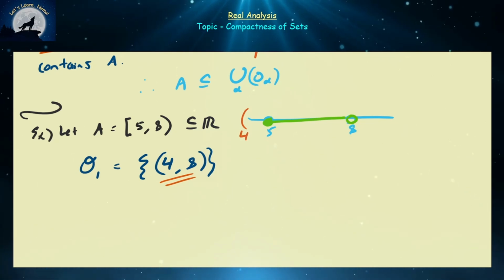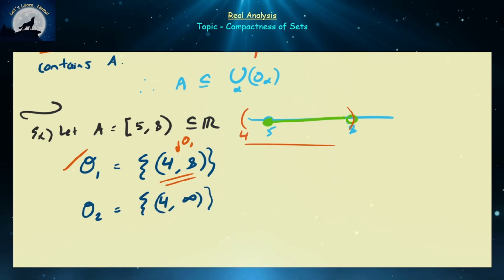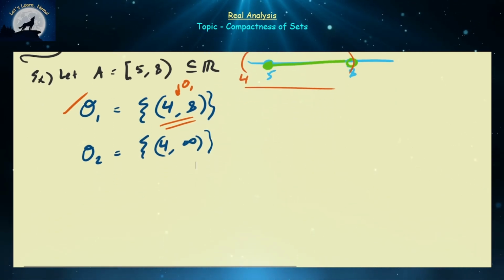If I go from 4 to 8, notice that every element within A is also within this set, so therefore this is an open cover of A. And there's obviously infinitely many open covers that you could build. For example, I could also do (4, infinity). (4, infinity) is also an open set, and the interval [5, 8) is a subset of it.